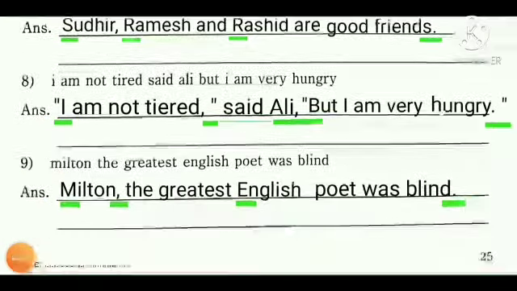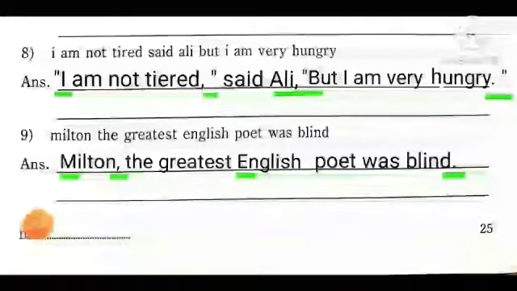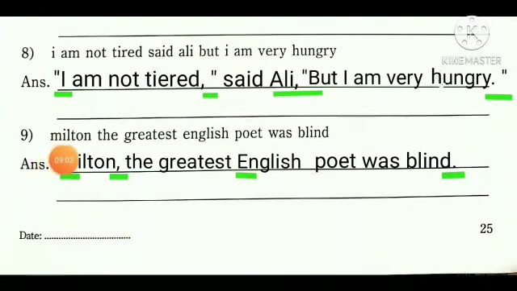Next and last one, ninth number: Milton, the greatest English poet, was blind. In this sentence, Milton's M is capital because Milton is a proper noun, as well as the beginning of the sentence. Then a comma, then English E capital, and at the end a full stop.